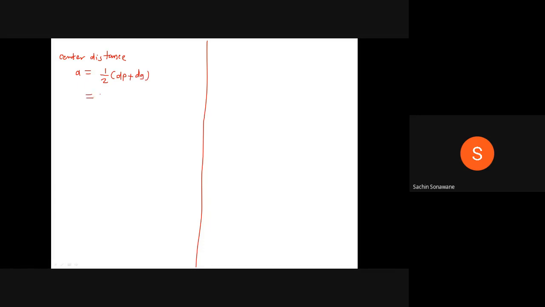Therefore, substitute the formulas of dp and dg. What is dp? Mn zp upon cos psi plus Mn zg upon cos psi.